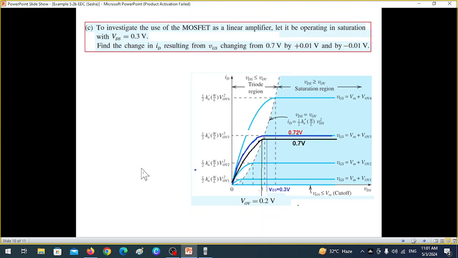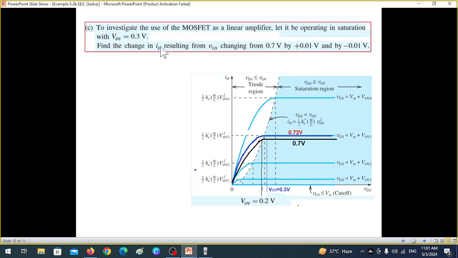Now, the third part of the question says, to investigate the use of the MOSFET as a linear amplifier, let it be operating in the saturation region with VDS 0.3 volt. But we are operating now in this region. And what we need to find is, if it is a linear amplifier, then the changes in ID should be linear.